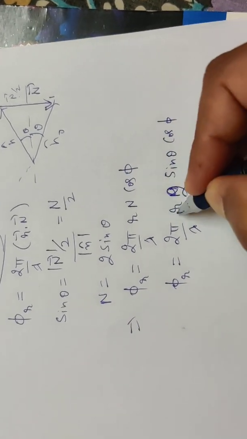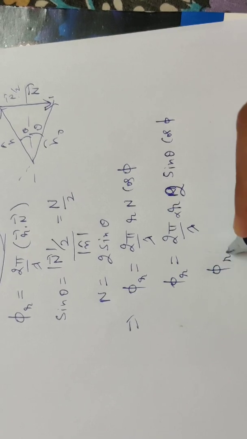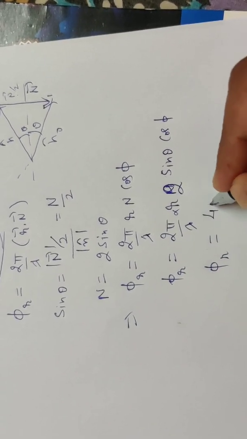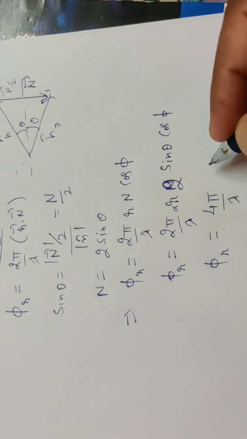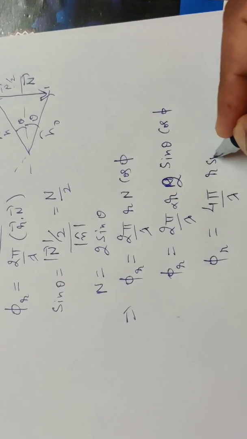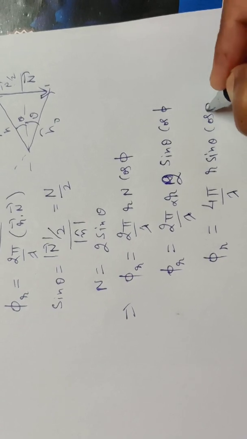So phi r will be 4 pi upon lambda into r sin theta cos phi.